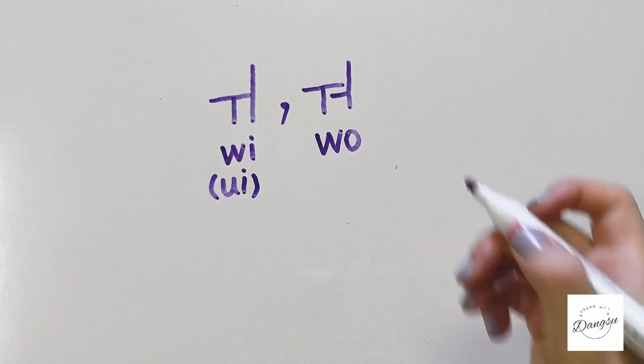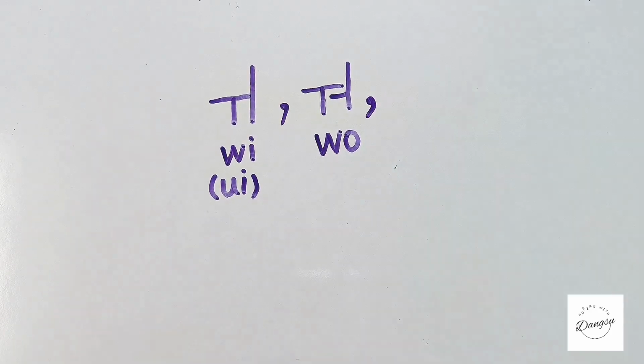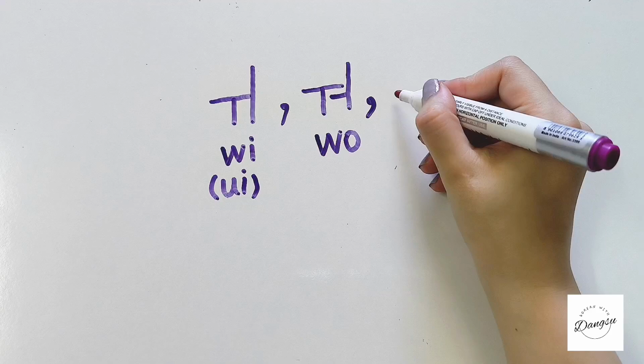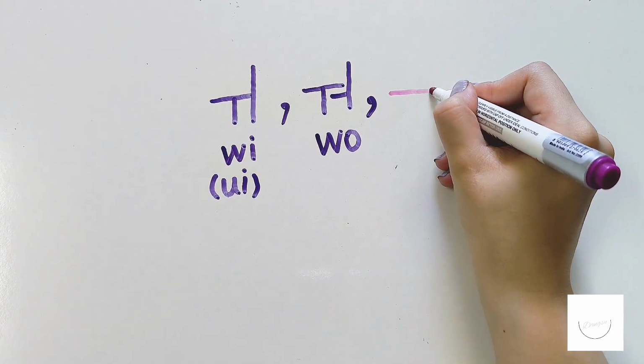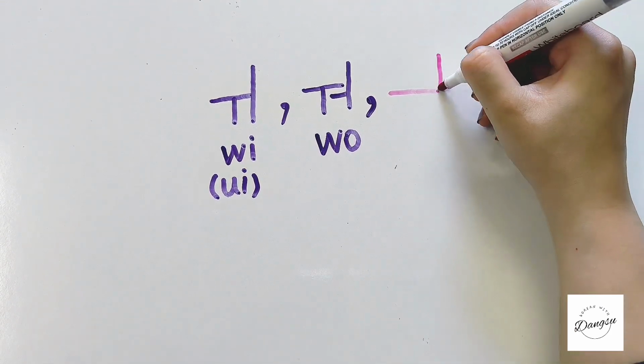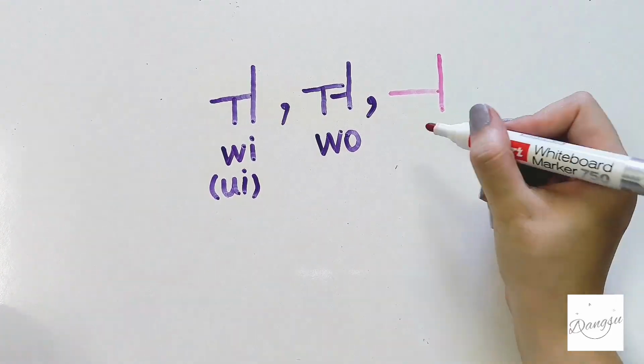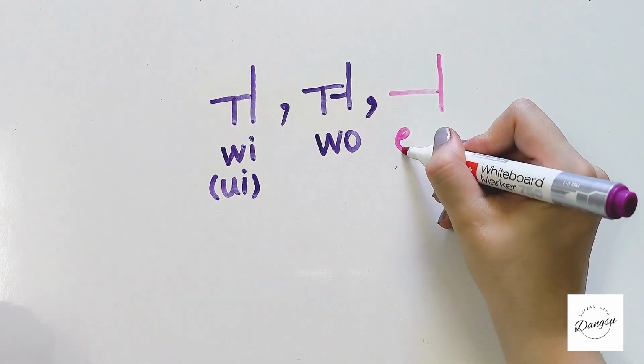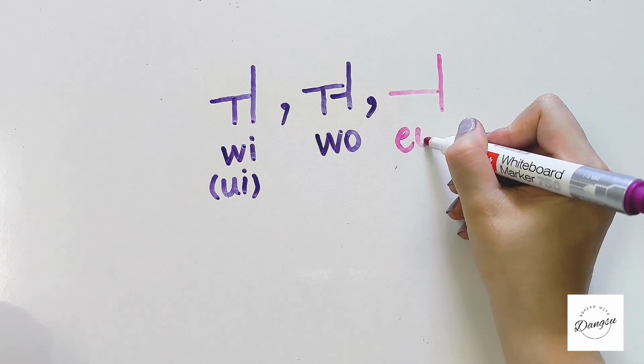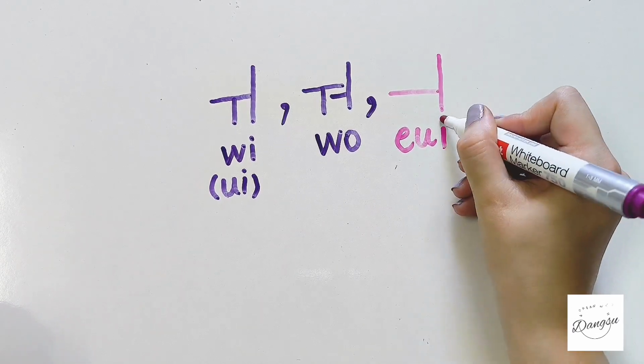The last vowel is a bit tricky and it's a little hard to pronounce. It's an ui sound. Ui. It's a combination of u and e. Ui. I'd say it's an ui sound.